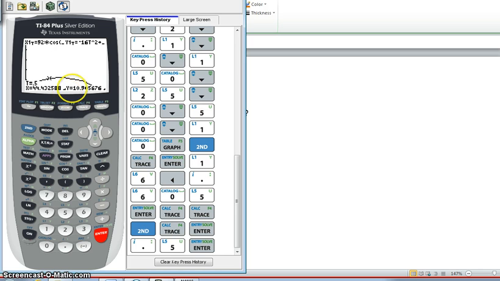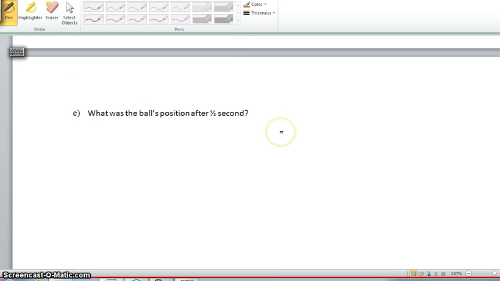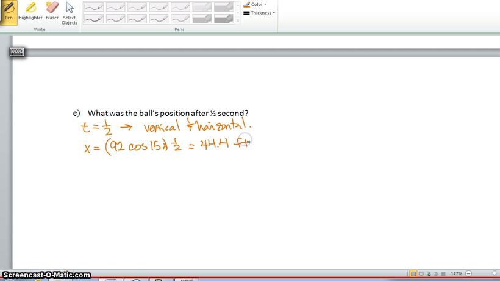Let's do it algebraically and see if it comes out. We know that t is equal to 1/2, and we want to find both our vertical and horizontal position. x was 92 times the cosine of 15 times 1/2, and when we put that into the calculator, we get 44.4 feet.